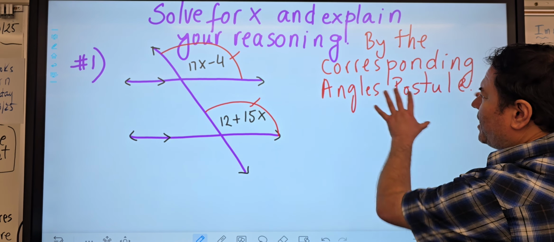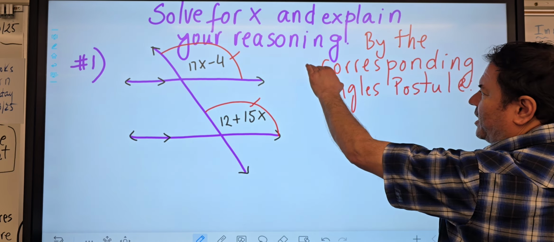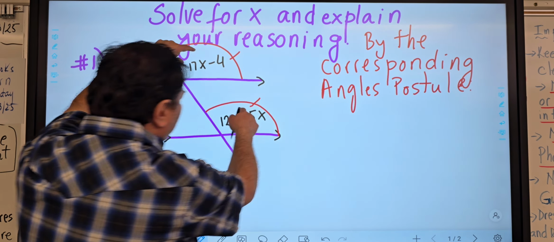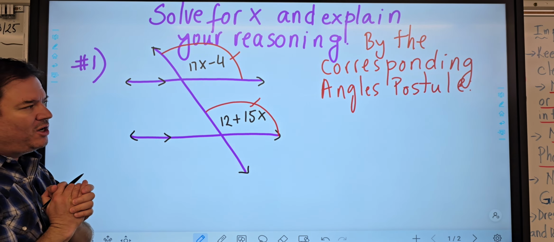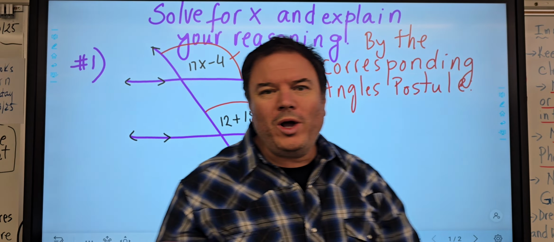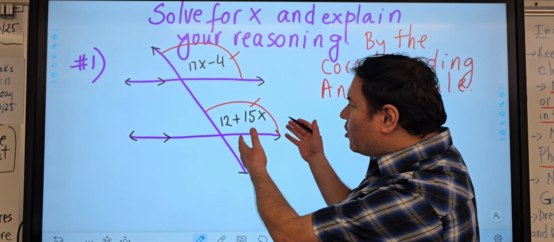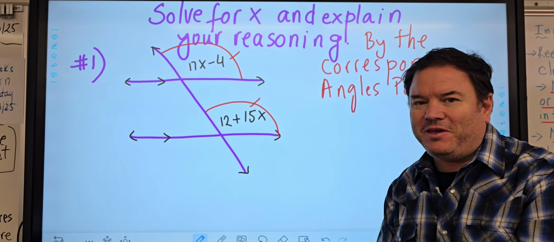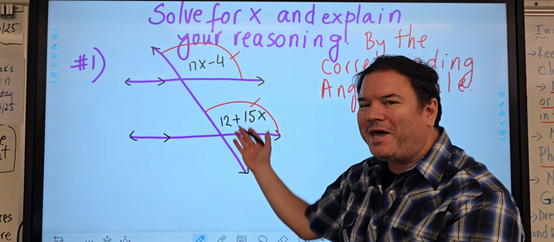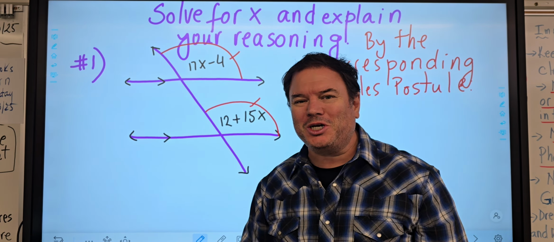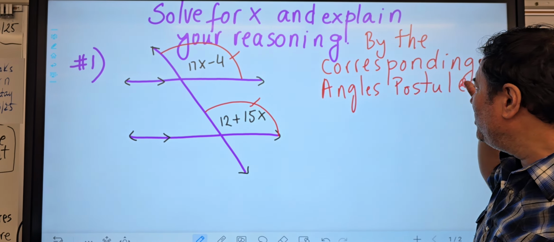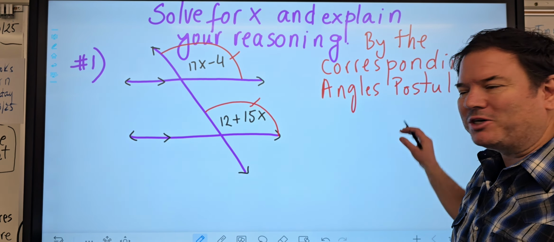By the corresponding angle postulate, that's our reasoning, these two angles are equal to each other. Therefore, we can set 17x minus 4 equal to 12 plus 15x, because those two angles are equal to each other based on the corresponding angles postulate.